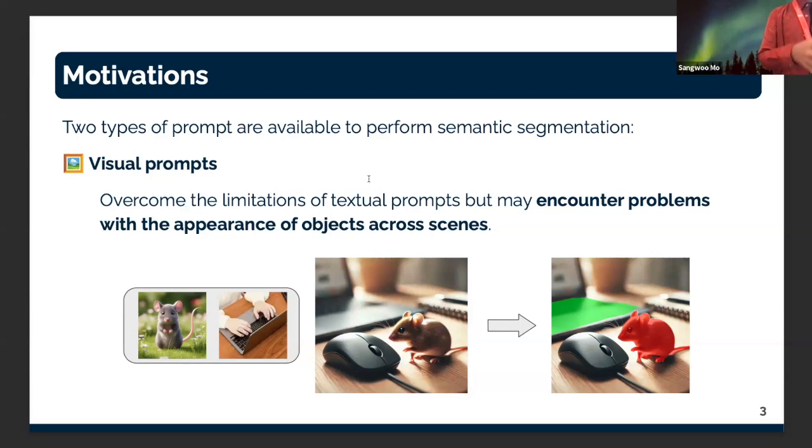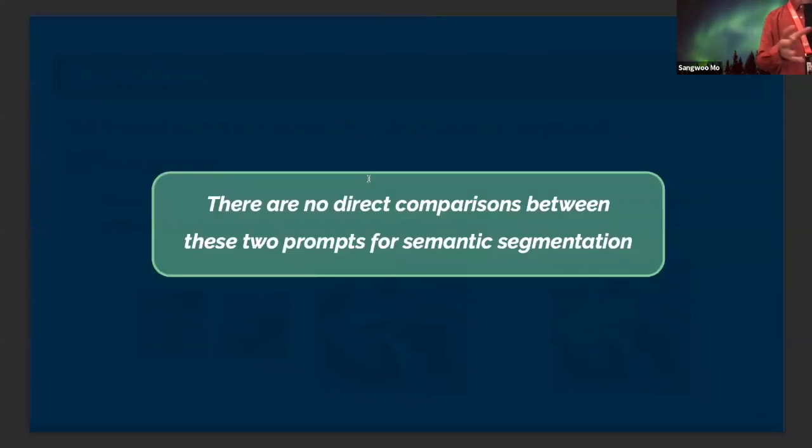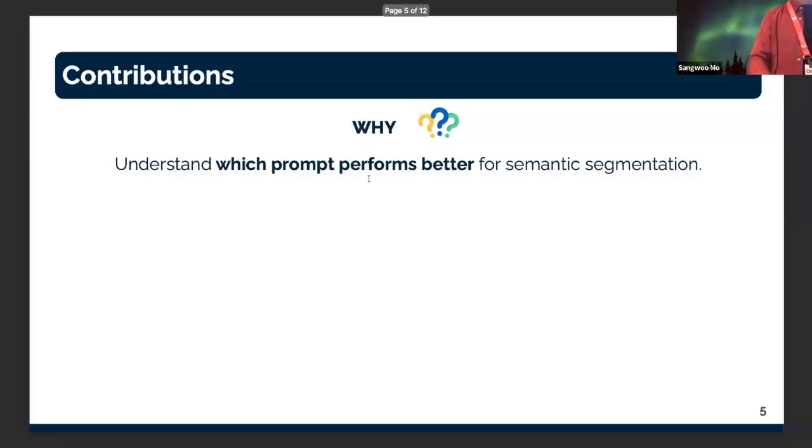So at this point, we discovered that there is no direct comparison between these two types of prompt in semantic segmentation. What we want to do is develop a benchmark to understand which kind of prompt, between the textual prompt and the visual prompt, works better for semantic segmentation.